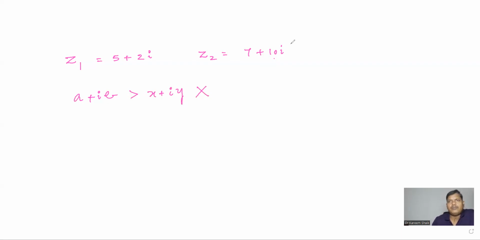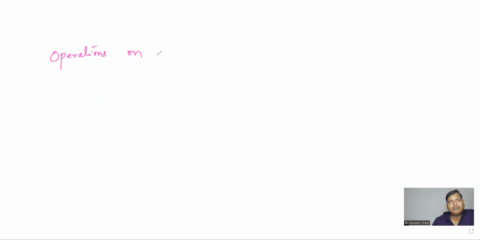Now, we will do some operations on the complex numbers. Let's see, we will do one by one. First one, addition.